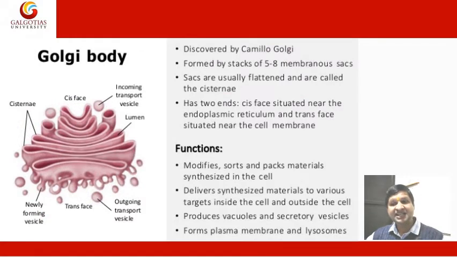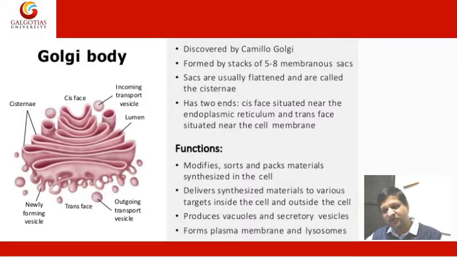Golgi body, discovered by Camillo Golgi, formed by stacks of 5 to 8 membranous sacs. Sacs are generally flattened and are called cisternae. It has two ends: the cis face situated near the endoplasmic reticulum and the trans face situated near the cell membrane.